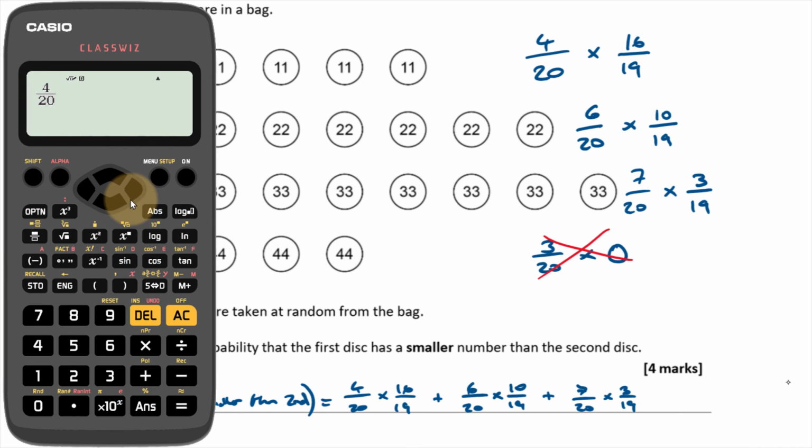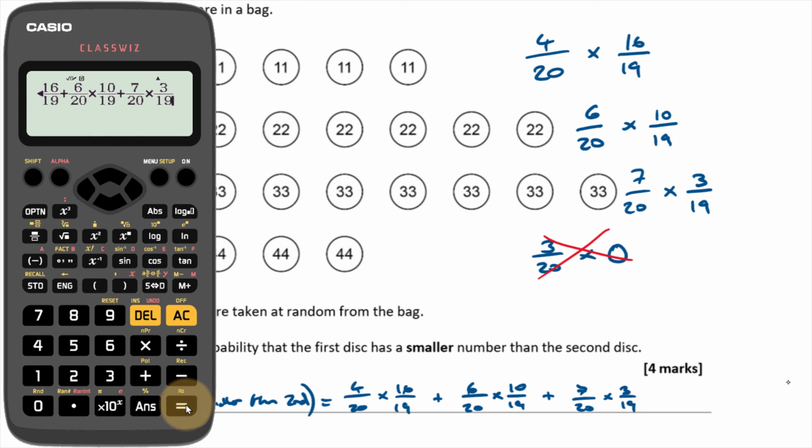So quite horrendous, but if I'm careful typing that in with the fraction key on my calculator, I should do all right. So 4 over 20 times 16 over 19 plus 6 over 20 times 10 over 19 plus 7 over 20 times 3 over 19.